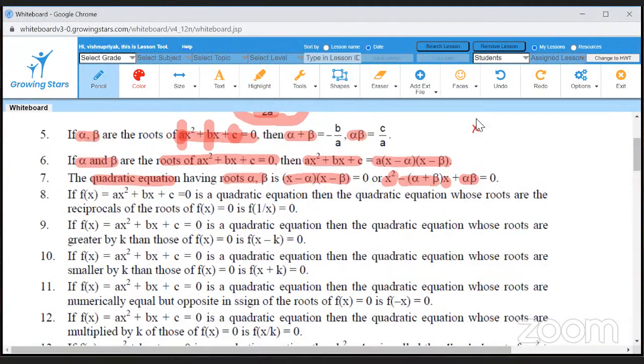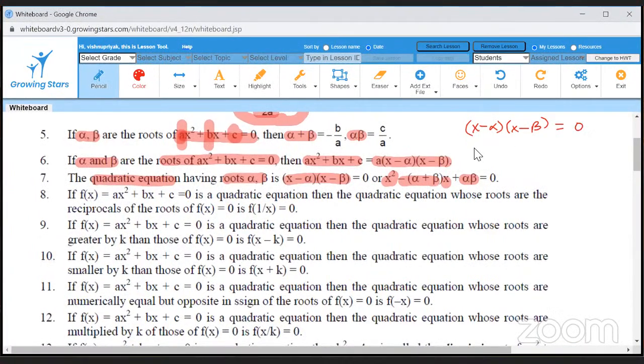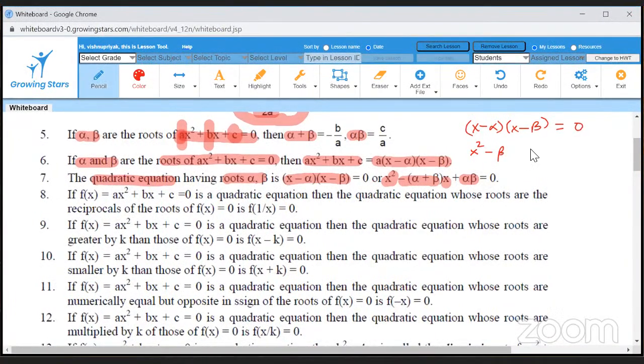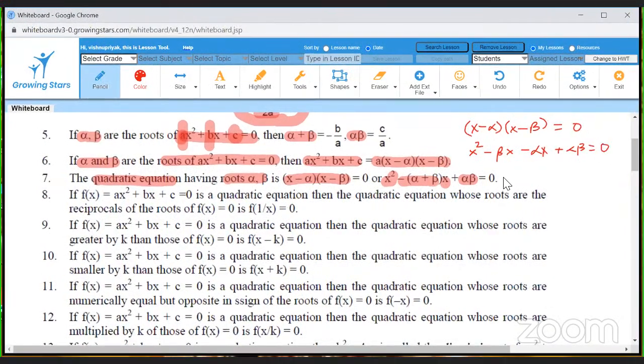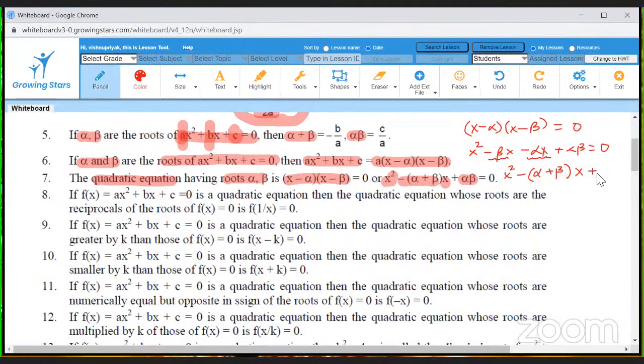See, x minus alpha into x minus beta equal to 0. I'm multiplying: x square minus beta x minus alpha x plus alpha beta equal to 0. Take minus and x common from these two terms. Left is alpha plus beta, and then alpha beta equal to 0. This is how we get it.